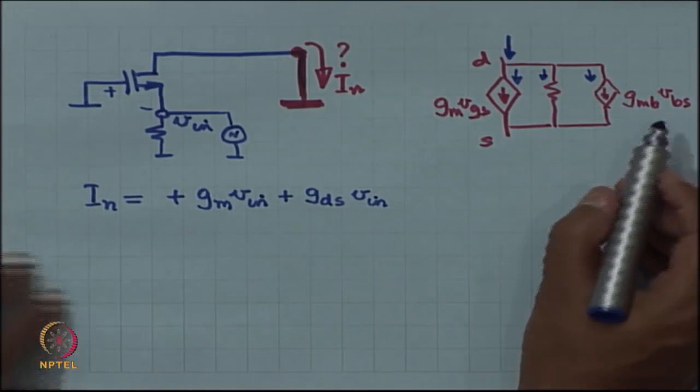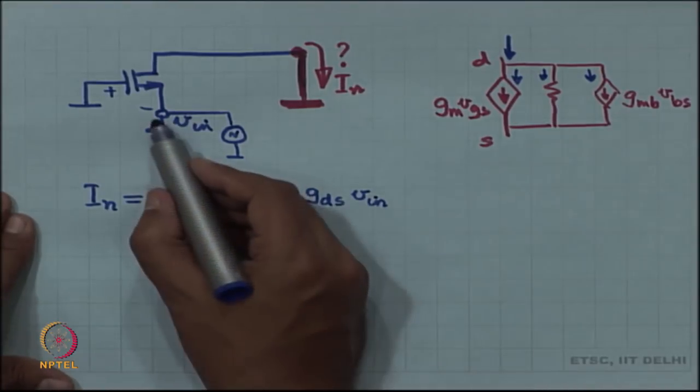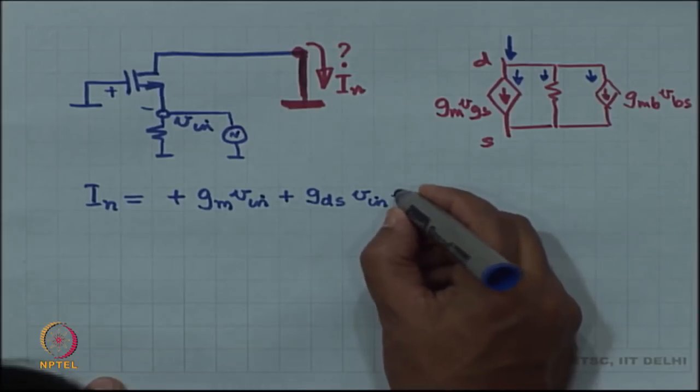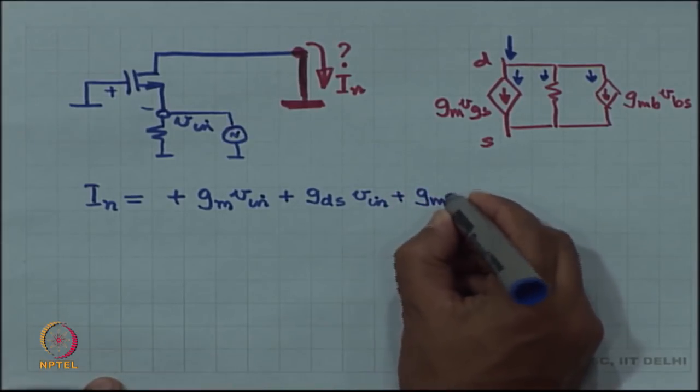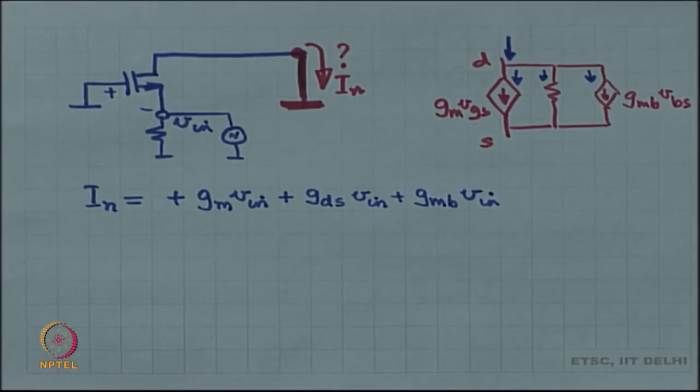And then the third one, VBS. B is also at ground and source is at V in. So, VBS is also minus V in. So, it is the same effect, you just get in addition GMB times V in. So, no circuit analysis as such, no KCL, no complicated KVLs or anything to be done.